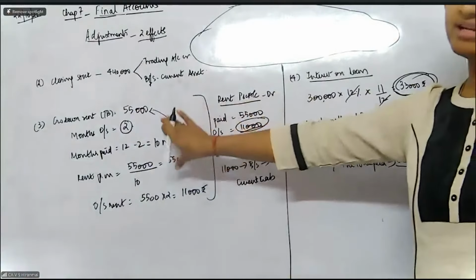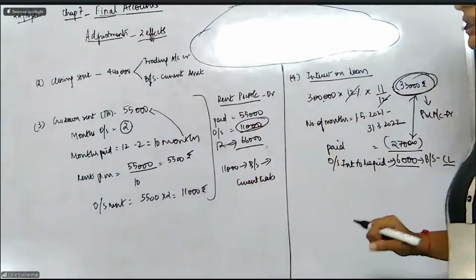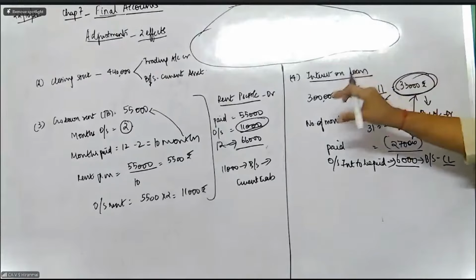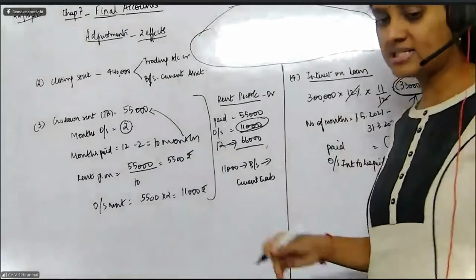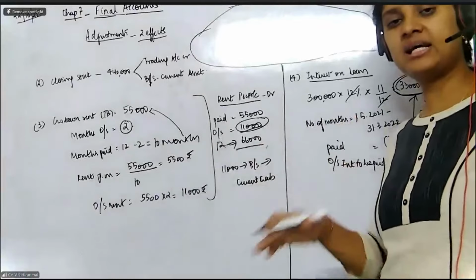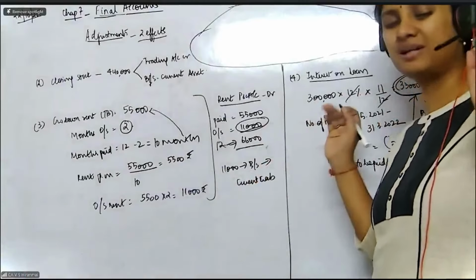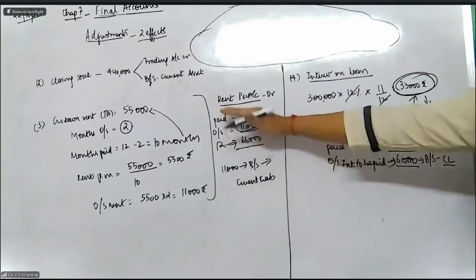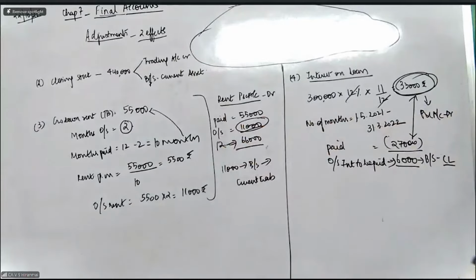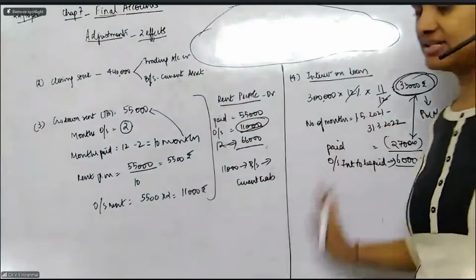For rent we have taken months and calculated in a different fashion. But here we know the principal amount into the interest rate divided by the months. But my dear students, to calculate outstanding you can have different methods. But the crux is, if it is outstanding, you should add the value and show it in the P&L. Here, both the ways we have done that only.